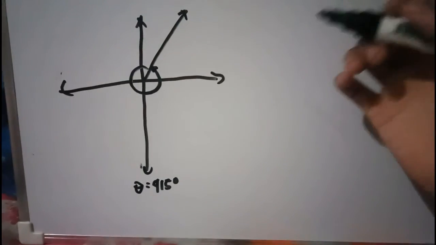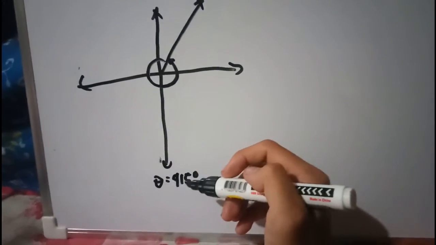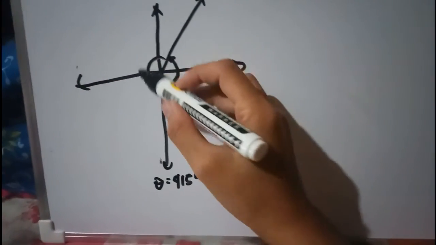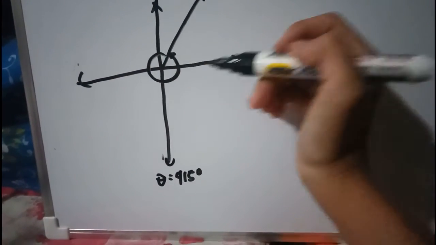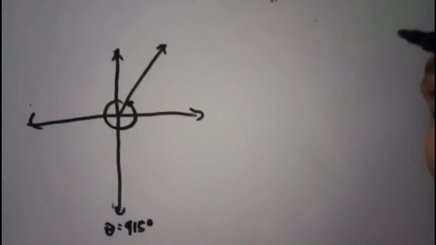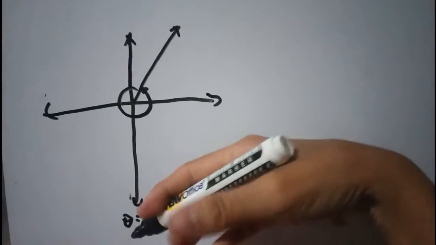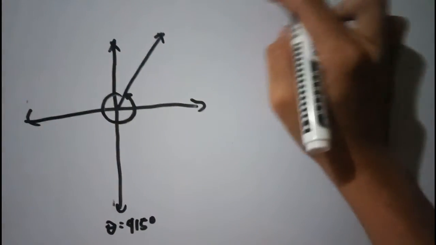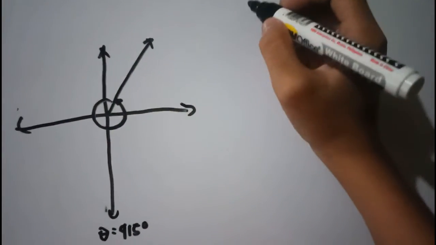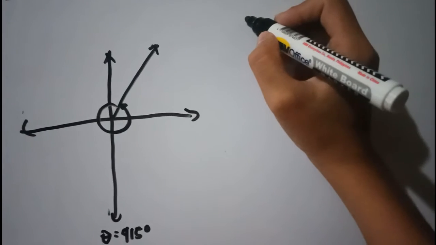Okay, another example, we have theta equal to 415 degrees. So this one is 415 degrees. How are we going to find the positive and negative coterminal angles of it? So just simply add and subtract 360.